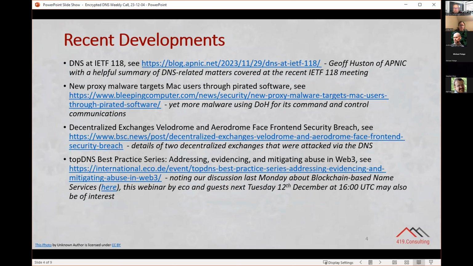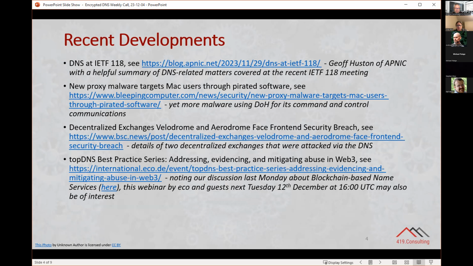Geoff Huston did a write-up of some of the various DNS related discussions at the IETF meeting in Prague all of a month ago. It seems like a long time ago. So if you want a summary to remind you what was covered, Geoff has kindly provided that. There's a couple of cybersecurity articles.